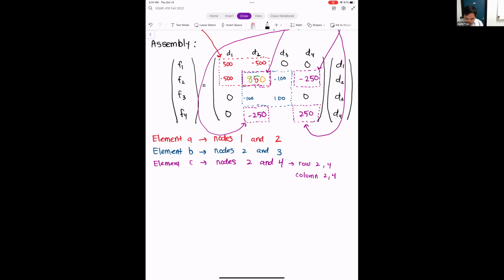All right, let me go ahead and rewrite this, just because it'll make the boundary conditions a bit more clear.